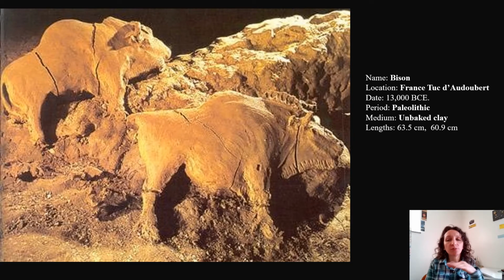All right, here's another example. This is not from the Lascaux cave, but I just wanted to show this is another example of the kind of level of detail and understanding that they had about these creatures. So not only do we see these bison, which are carved of raw clay that was just kind of at the back of the cave, but we understand, or at least these artists understand, sort of the thickness of the muscle around certain areas where the animals are sort of thin and have joints, like would be in this sort of hip area, versus where the bigger cuts of meat and whatnot would be.